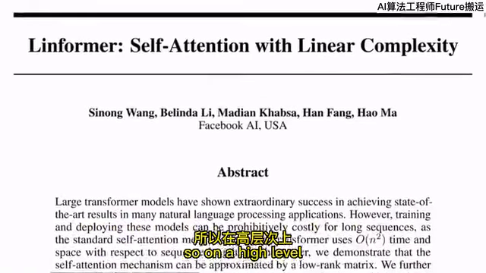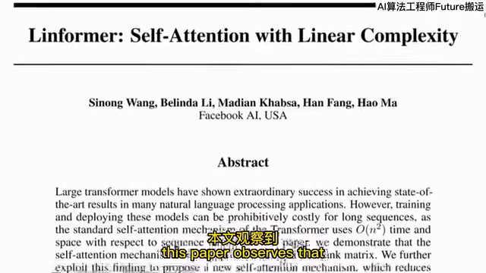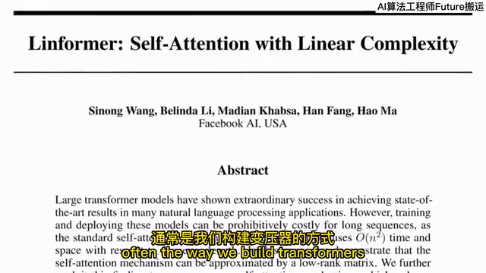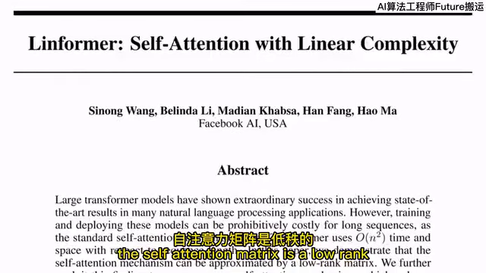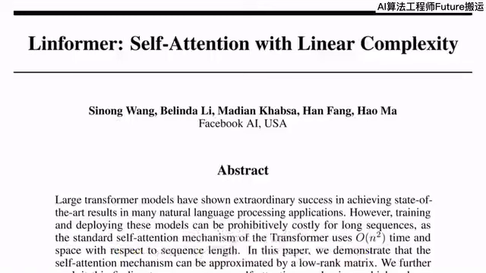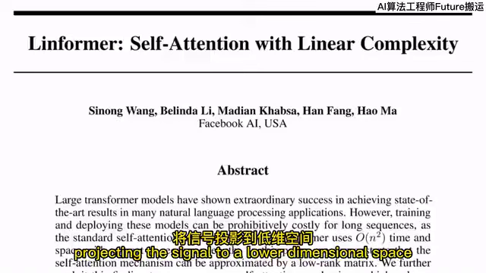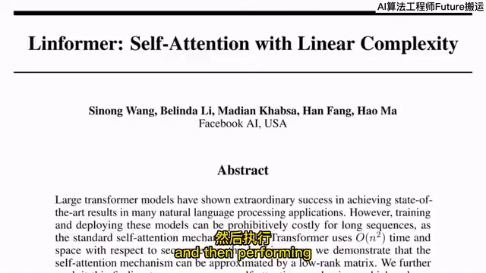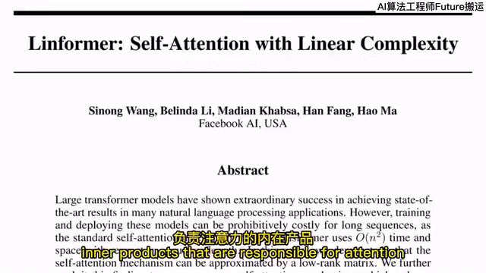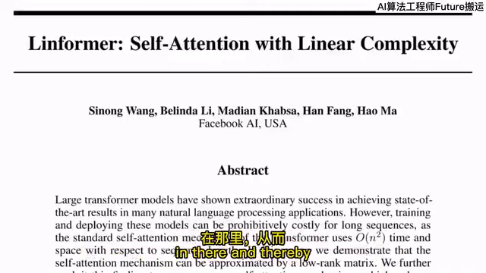So on a high level, this paper observes that often the way we build transformers, the self-attention matrix is low rank and can be approximated by first projecting the signal to a lower dimensional space and then performing these inner products that are responsible for attention in there.